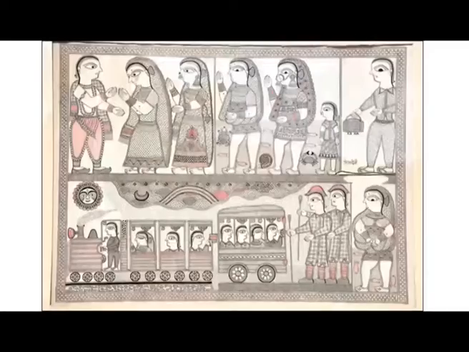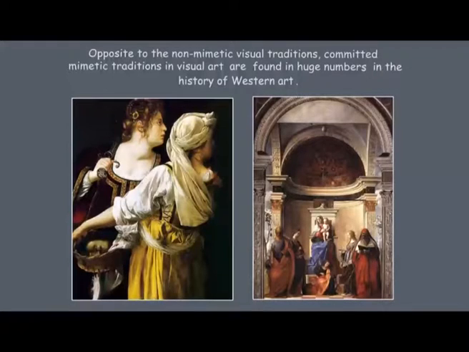It kind of adopts a style that is independent and that is self-referent. It does not refer back to life, but it refers back to the visual language itself. So, in order to understand this kind of paintings, you need to read the visual language.